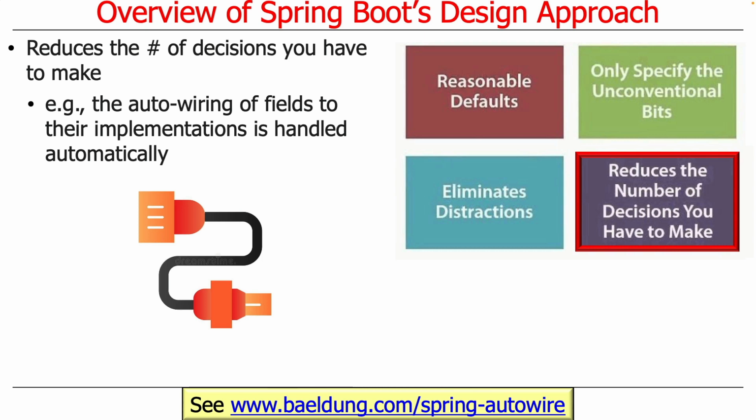Unlike writing classic Java code where you have to define factory methods and then explicitly call those factory methods to initialize your fields, in Spring, you can just define the field and say @Autowired, which is an annotation, and then Spring will go and try to find the implementation of that particular field, and then it will create an instance of that and wire the things together without you having to do that yourself. So that reduces the number of decisions you have to make. It lets the framework connect the pieces together.